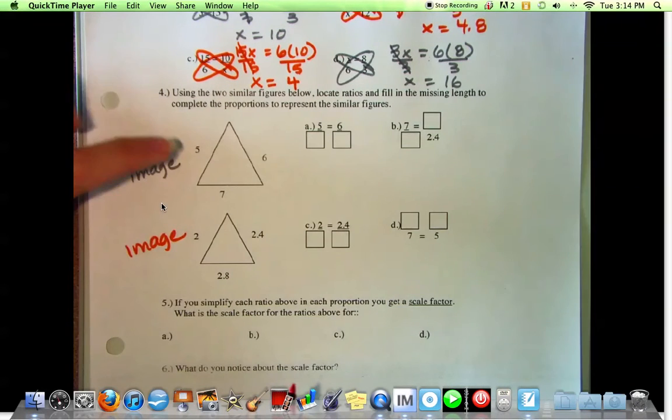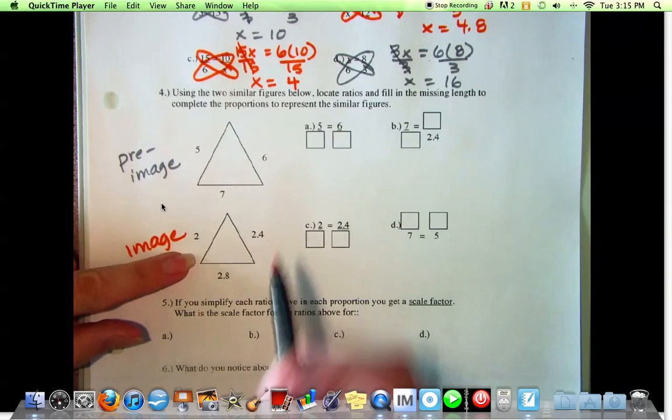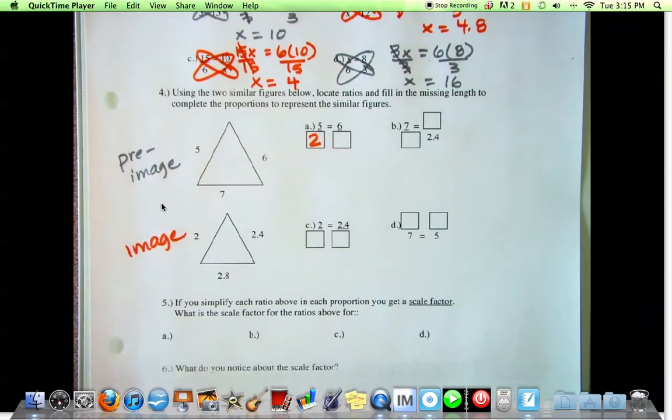Pre-image 5, this length is similar to this length 2 on the image.